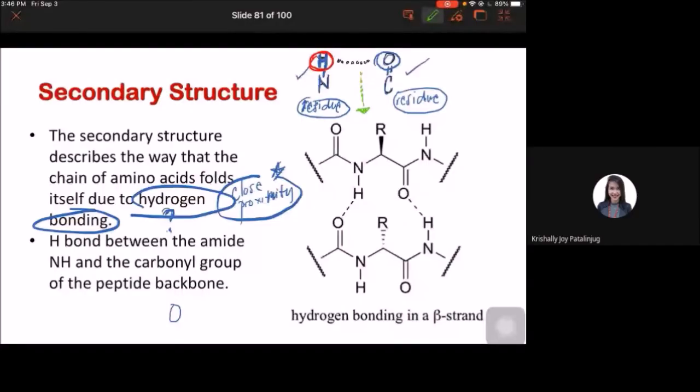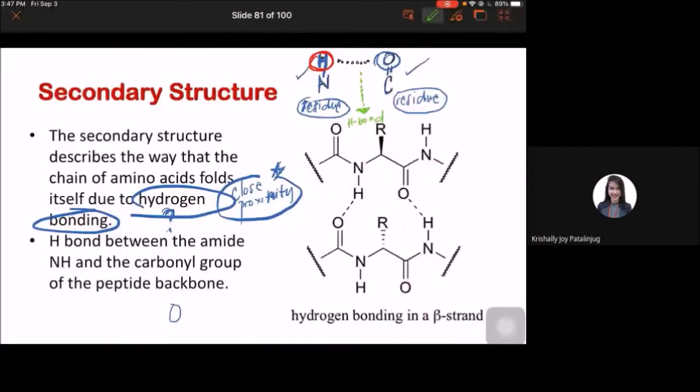That is, very good, a hydrogen bond. So that is where the hydrogen bond forms: the hydrogen of one residue toward the electronegative oxygen of another residue.